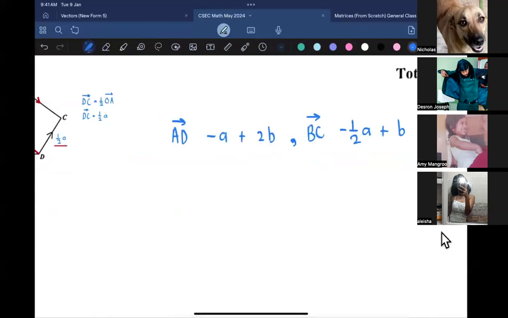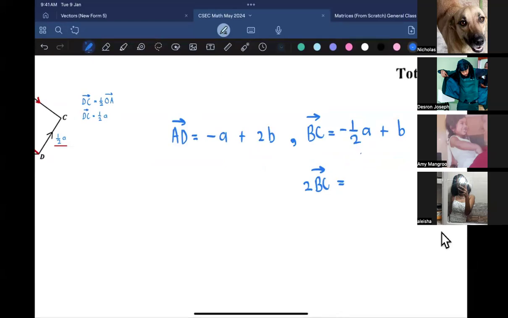Look carefully. If I multiply B to C by 2, let me observe what's gonna happen. What is minus a half by 2?